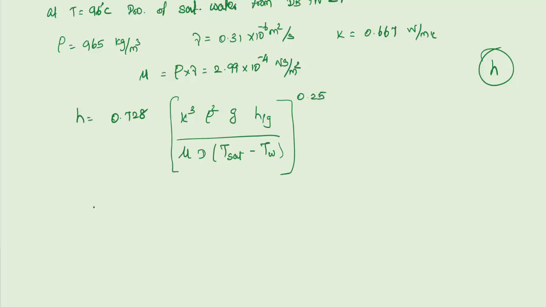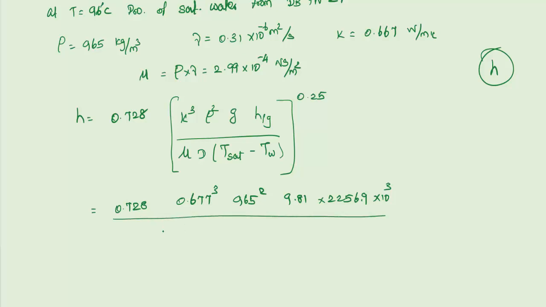So substitute all the values here. 0.728 into 0.667 cubed into rho value 965 squared into 9.81 into 2256.9 into 10 to the power 3 divided by mu, 2.99 into 10 to the power minus 4, diameter is 0.025, into 100 minus 92. Okay, substituted all the values, to the power 0.25.